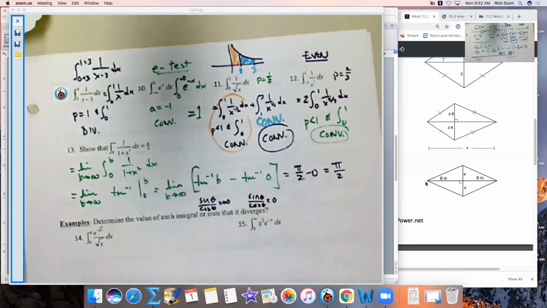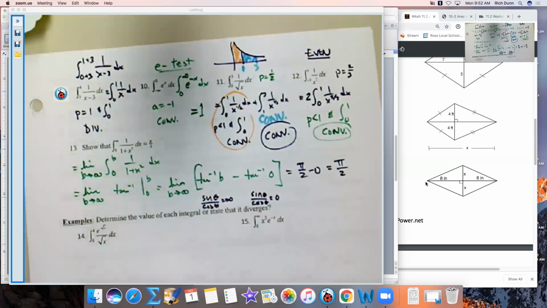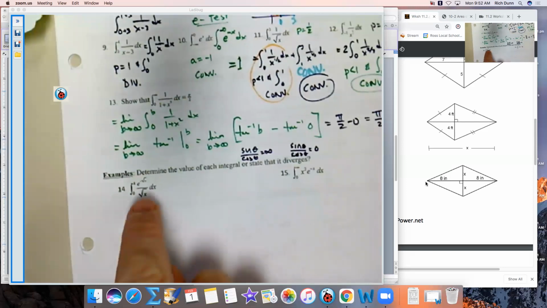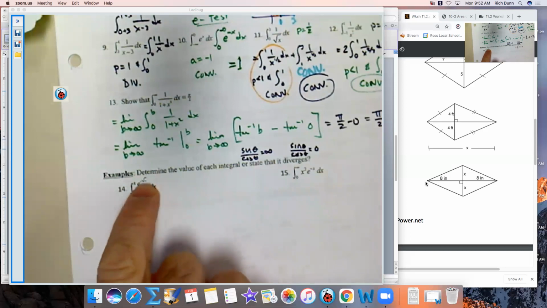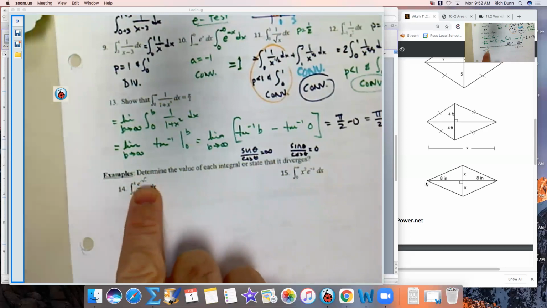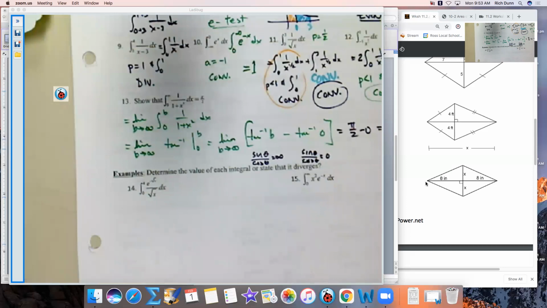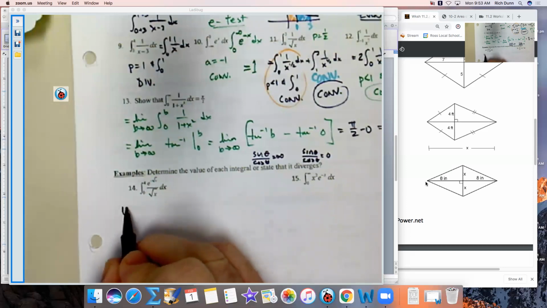Got a few more examples to do here, which have a little bit of a mix of our integral solving techniques. Let's take a look at the first one. You'll see right away, it sure looks like a U substitution to me. I see e to the negative square root of x, so I'll try U substitution first.